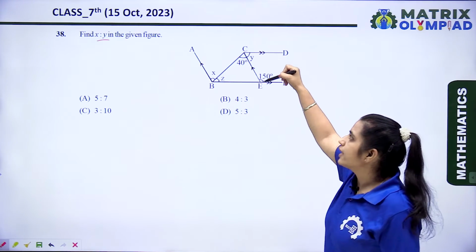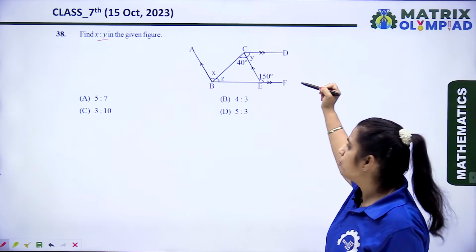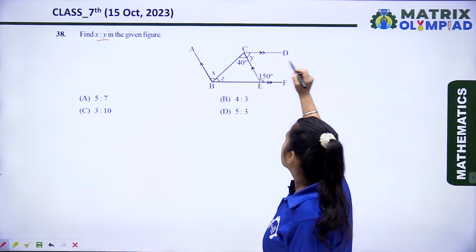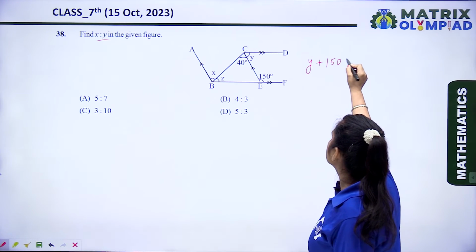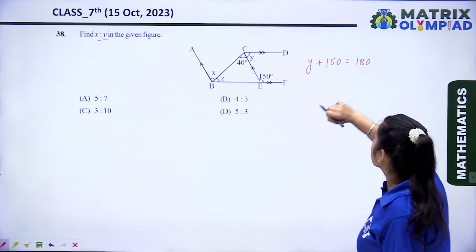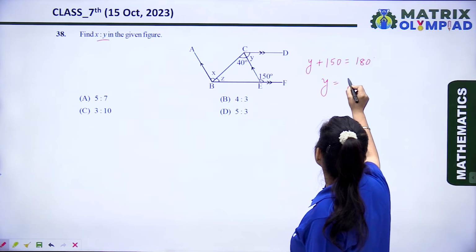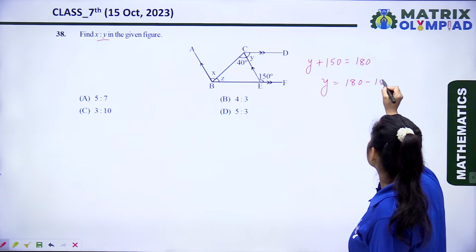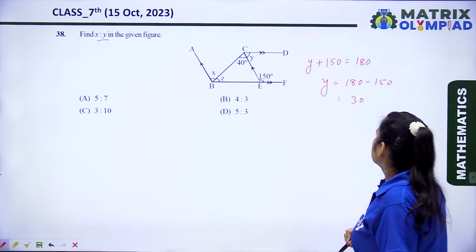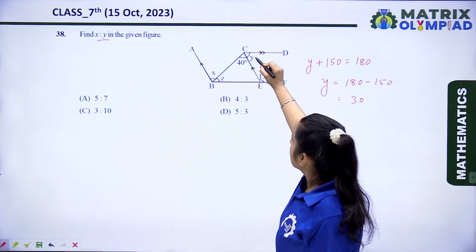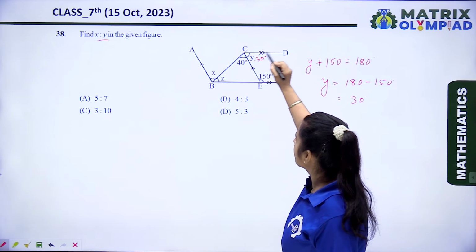So we will use the co-interior angle property of parallel lines. That says that angle Y plus angle 150 is equal to 180 degree. So here angle Y is equal to 180 minus 150 degree. So it will become 30 degree. So angle Y is 30 degree.